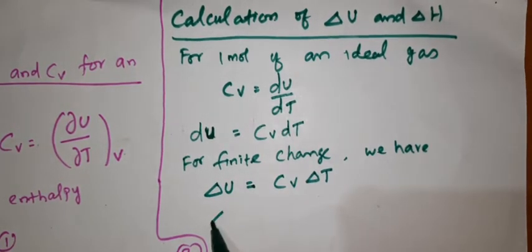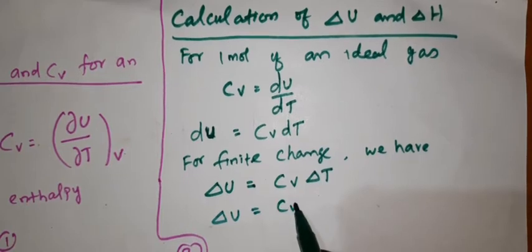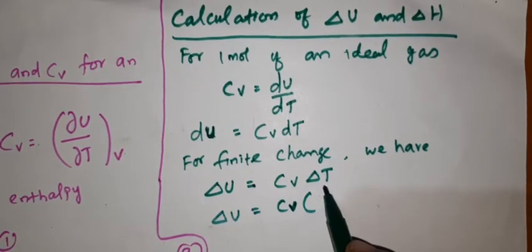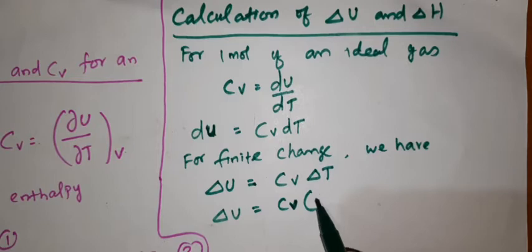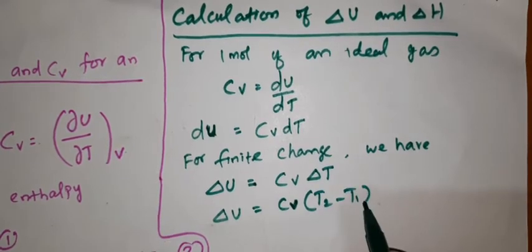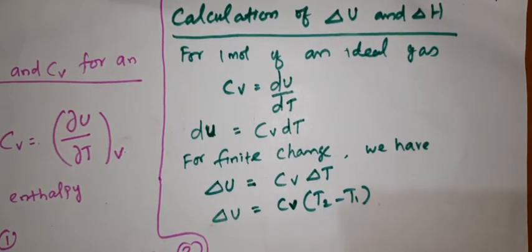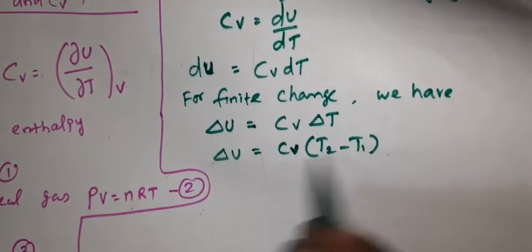So delta U equals Cv into the temperature difference, T2 minus T1.